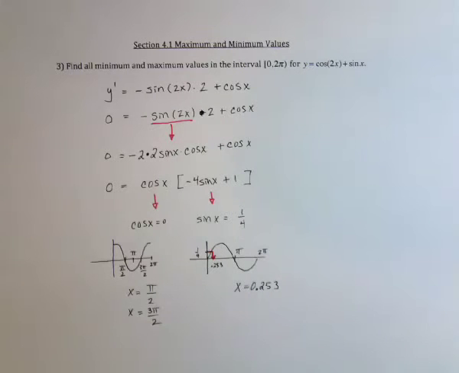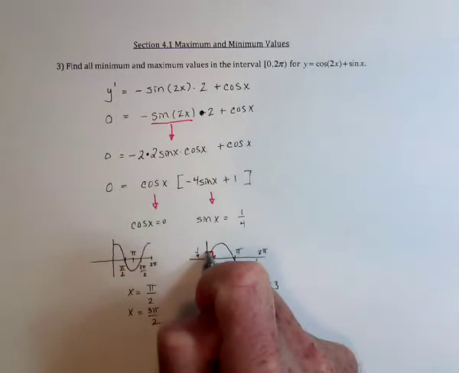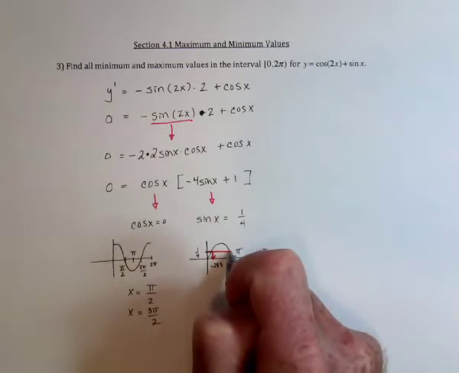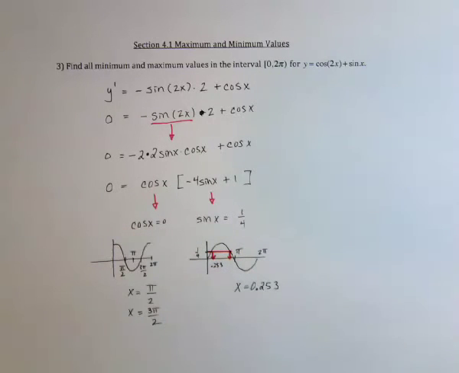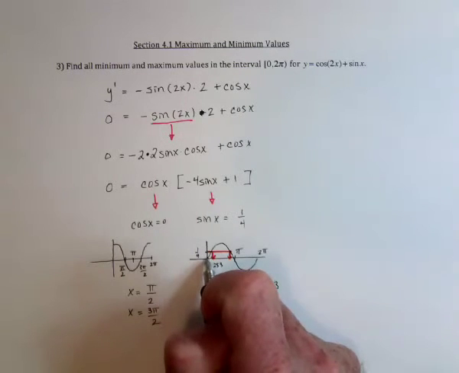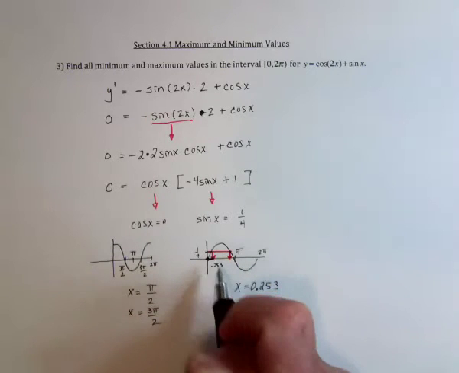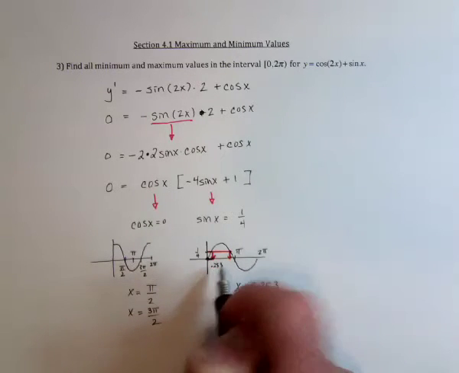Now we need to find one more solution. So if you look at the graph and at a height of 1/4 go over to the sine graph again, right here just to the left of pi, there's going to be another place where sine is equal to 1/4. And this graph is symmetric. So this length right here, from where it hits the x-axis to the value we need, is a length of 0.253.